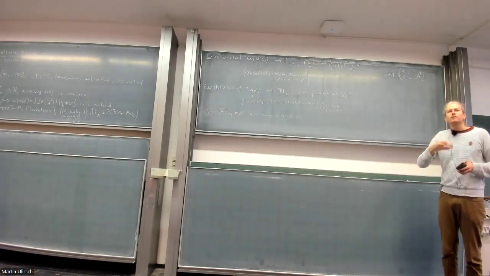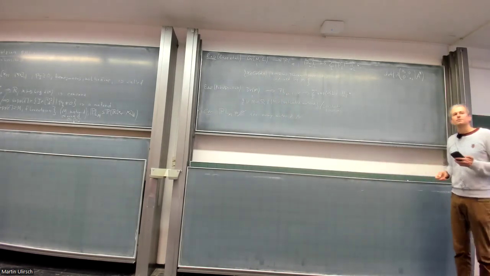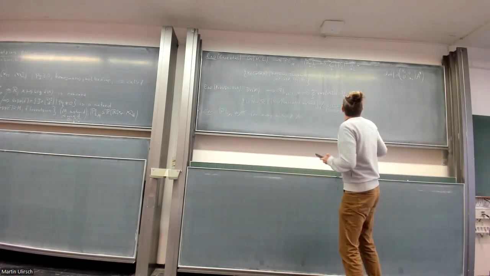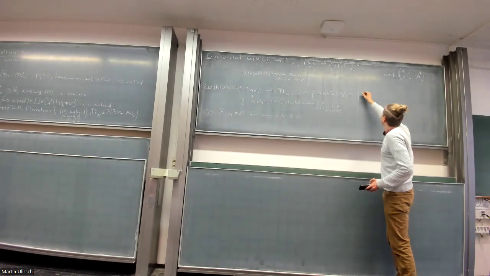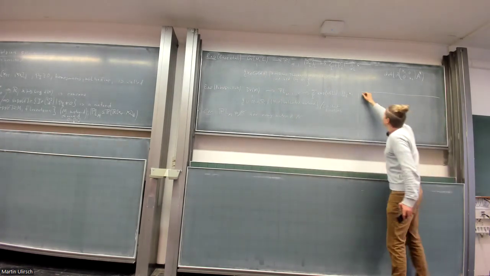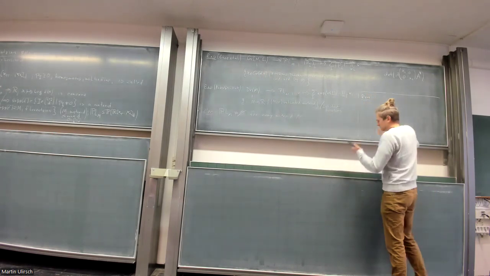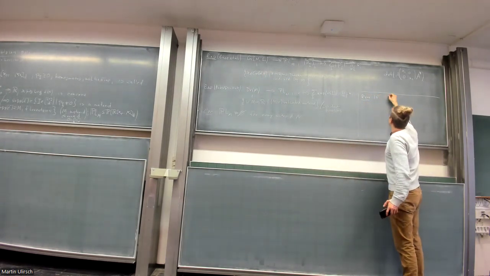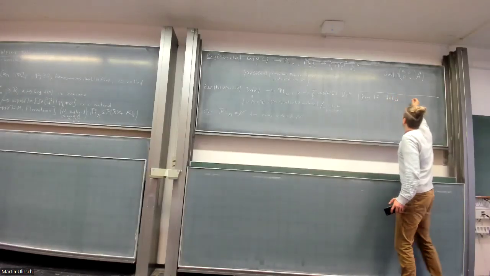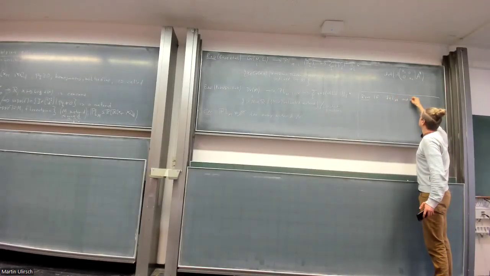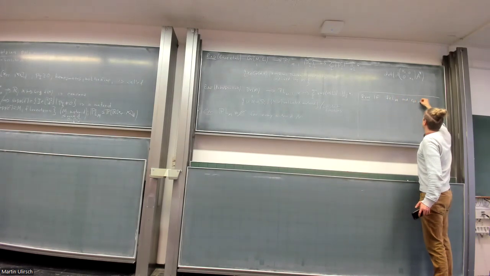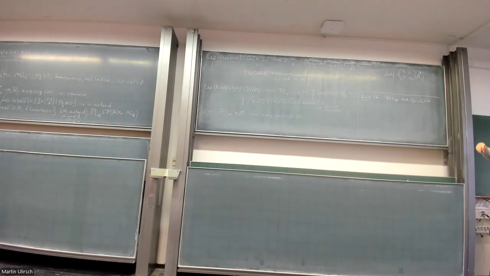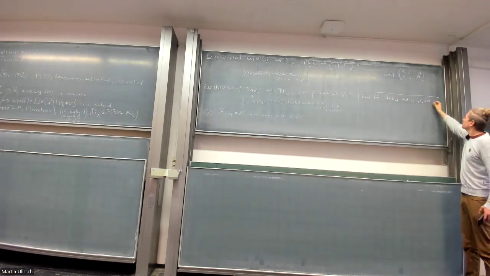It's empty for matroids that are not representable over the complex numbers. Let me make one remark. So it's always helpful to look at things modulo some group action sometimes.